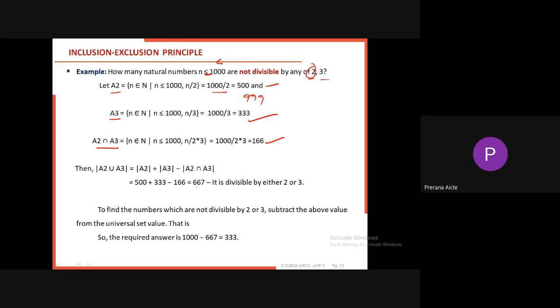This value represents the total number of values divisible by either 2 or 3, but the problem asks for the numbers which are not divisible. So this 667 needs to be subtracted from the universal set. The universal set means we have 1000 values in total. From 1000, if you subtract 667, we get 333. And this is about sets.